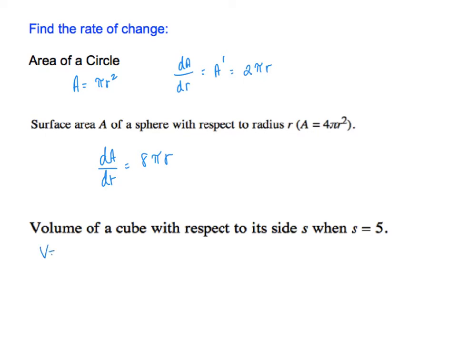So volume equals side cubed, the rate of change, dV over ds, is 3s squared, and then more specifically, dV over ds when s equals 5 would be 3 times 5 squared, which is 75. 75 volume units per side unit.